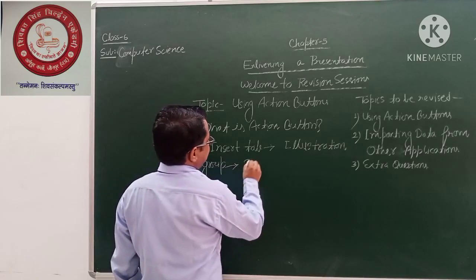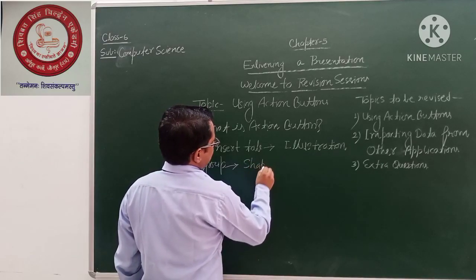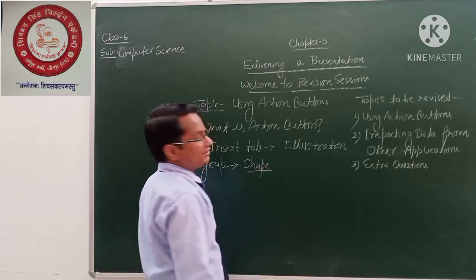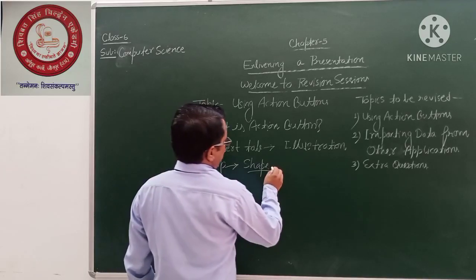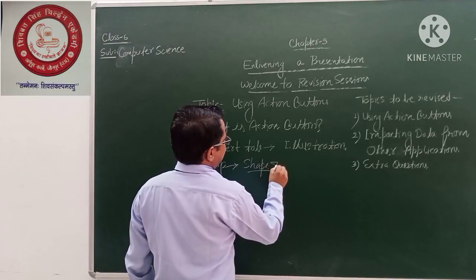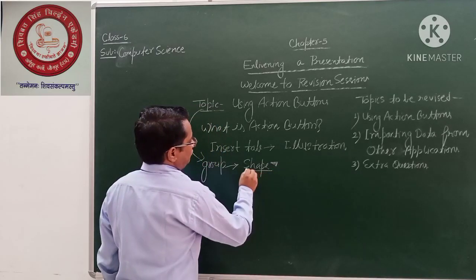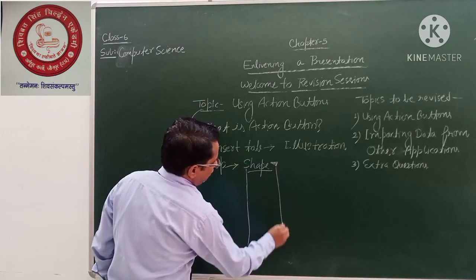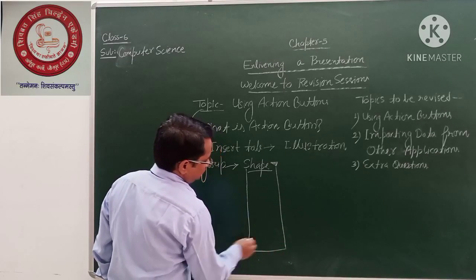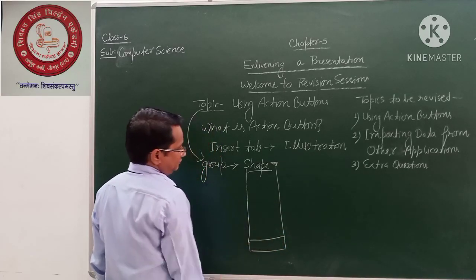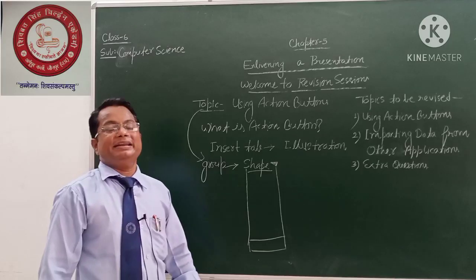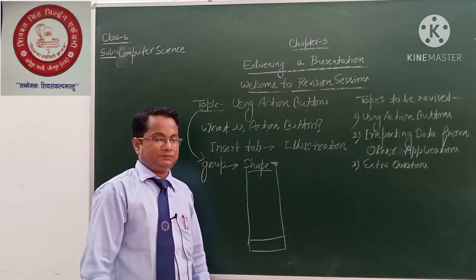Here there is a button called Shapes. Once you click on the small triangle, a drop-down opens immediately, and at the end you will get many kinds of action buttons.